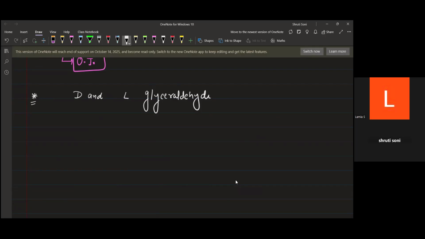So it just differs in one chiral center. Chiral carbon, right? At which position? Second to last. Yeah. So see, what is D-glyceraldehyde? D-glyceraldehyde is this one.